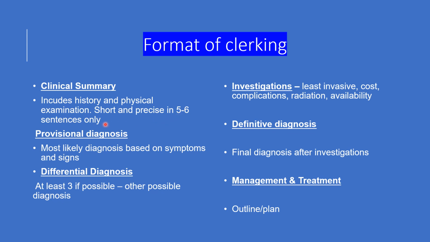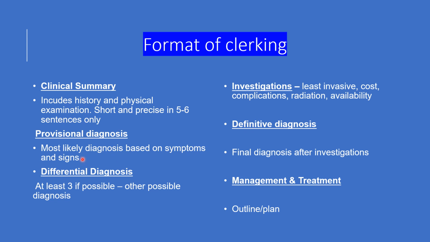With this clinical summary, you should be able to arrive at a working diagnosis or provisional diagnosis, as we call it, which is the most likely diagnosis in this patient based on his or her symptoms and signs. Okay, it's very important. Symptoms and signs must be the base on which your diagnosis is made.